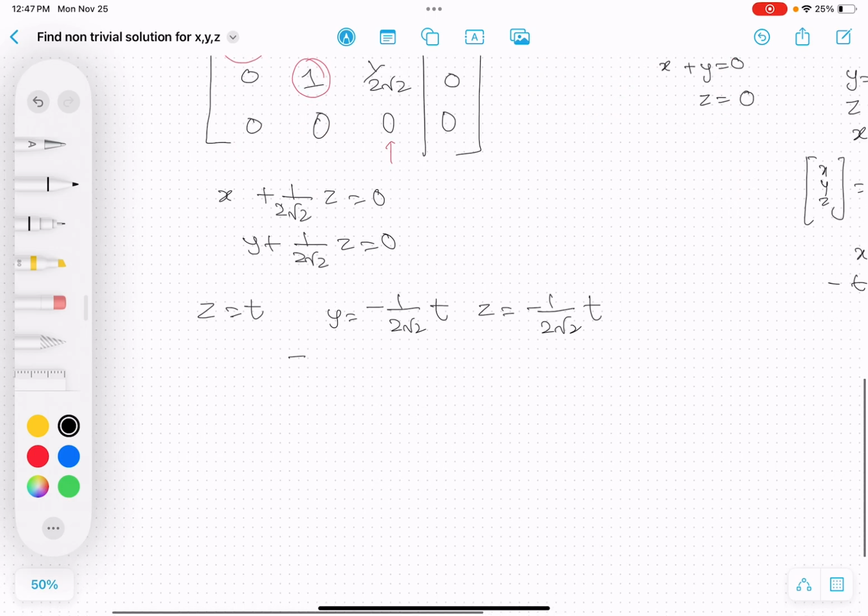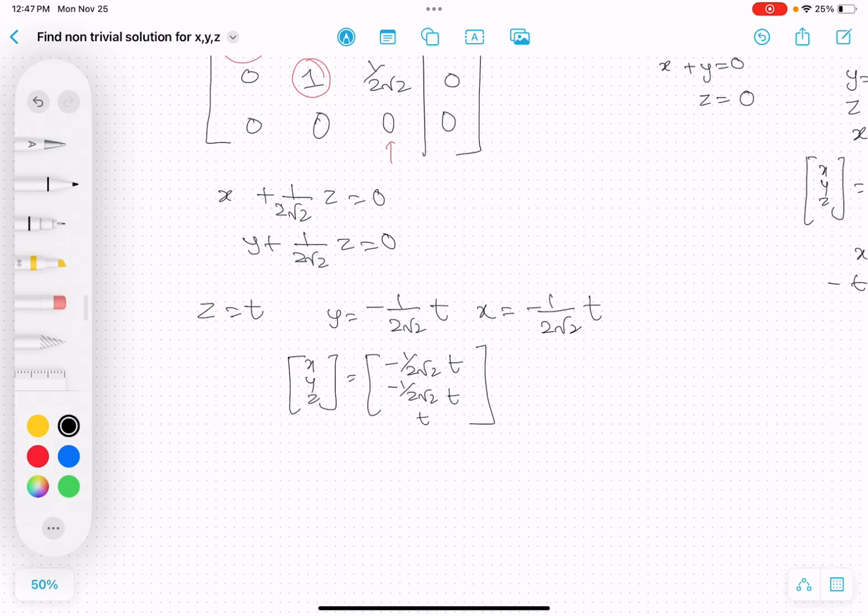Now I can write xyz as minus 1 by 2 root 2 t, y as again minus 1 by 2 root 2 t, and z as just t, right?